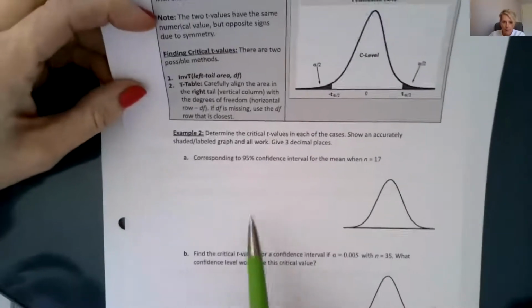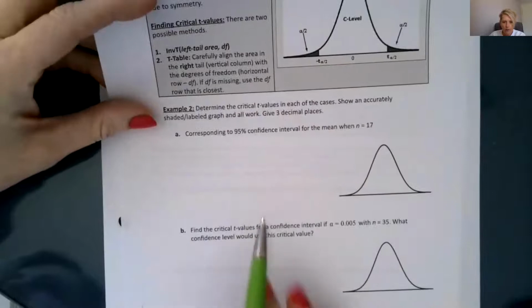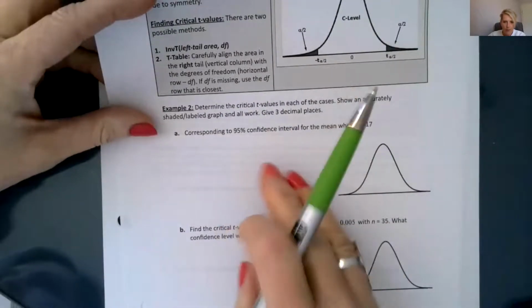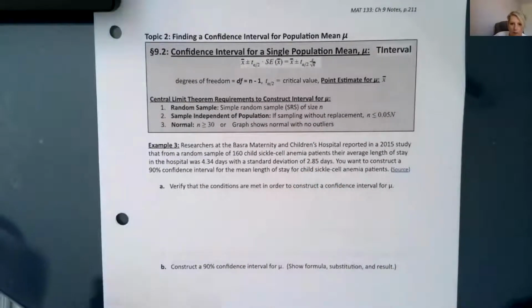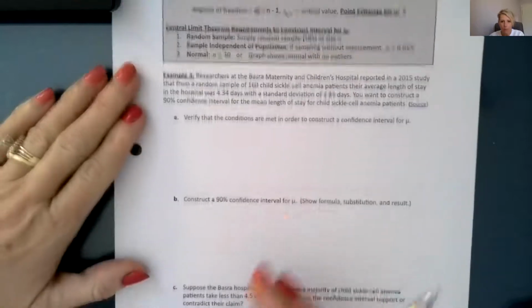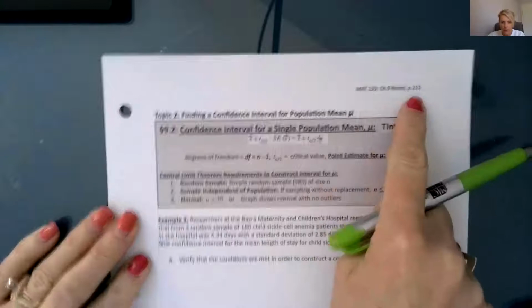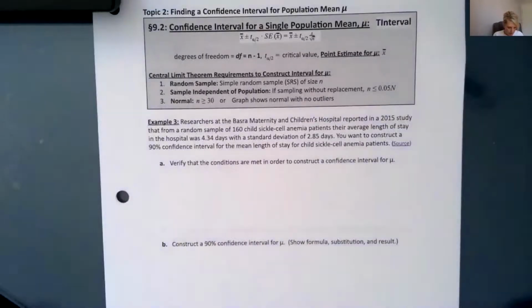Notice on 210, we filled out how to find the critical values. This was Chapter 7 stuff, okay? But we don't really need to find that now. The way we're doing it in StatCrunch, we don't have to go and find our critical value necessarily. We can just jump to our confidence interval. So let's look at, on page 211, example 3.